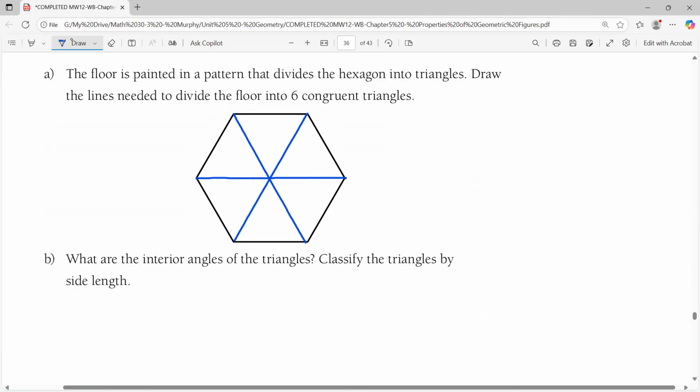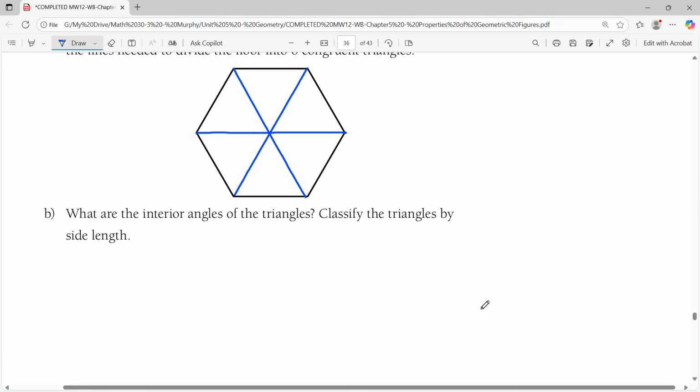Okay, now it says, what are the interior angles of the triangles? And then classify the triangles by side length. Okay, so what I think we should do for this one is find the interior angle of the hexagon and divide by 2.